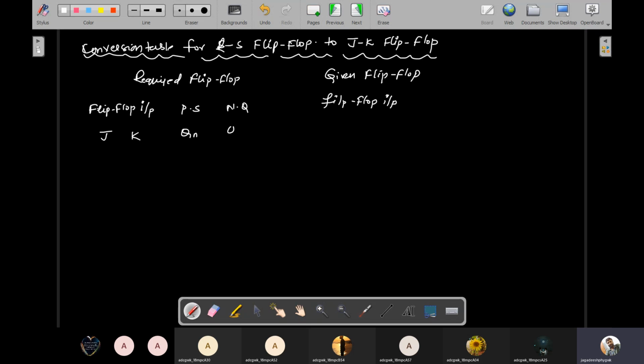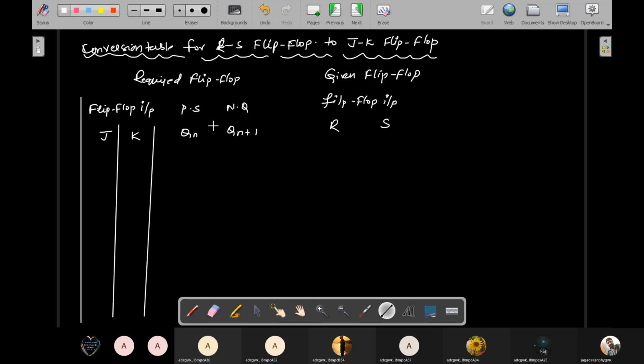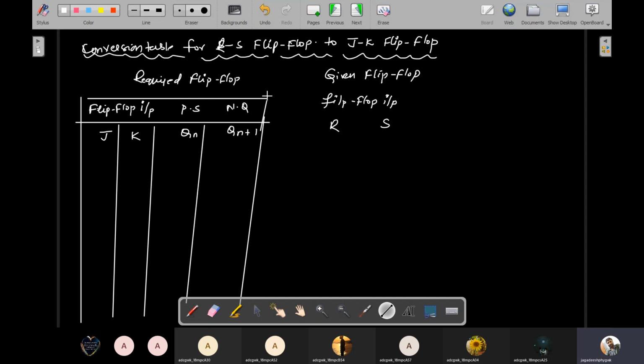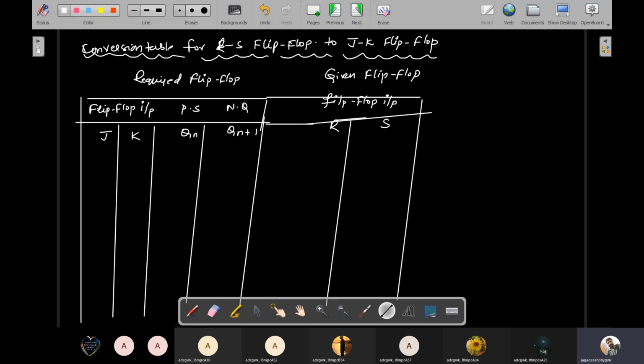And what is the next state? Qn plus 1. And what are the given flip-flop inputs? That is the R input and S input. So first of all, you will write all these things. Here R, S.